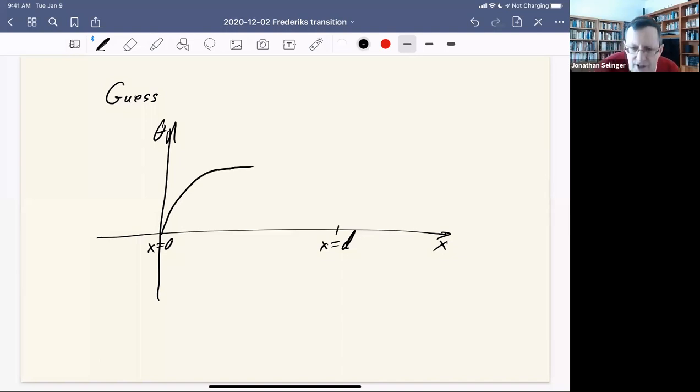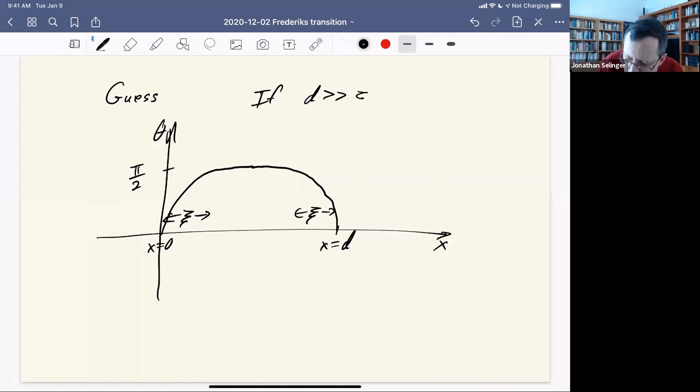It could be something like that. Near the other wall, it's also like a semi-infinite system. So it'll be something like that. And in between, they'll just join up. Okay, that should work fine as long as the wall spacing is much bigger than psi. If d is much greater than psi, we'd get something like this.